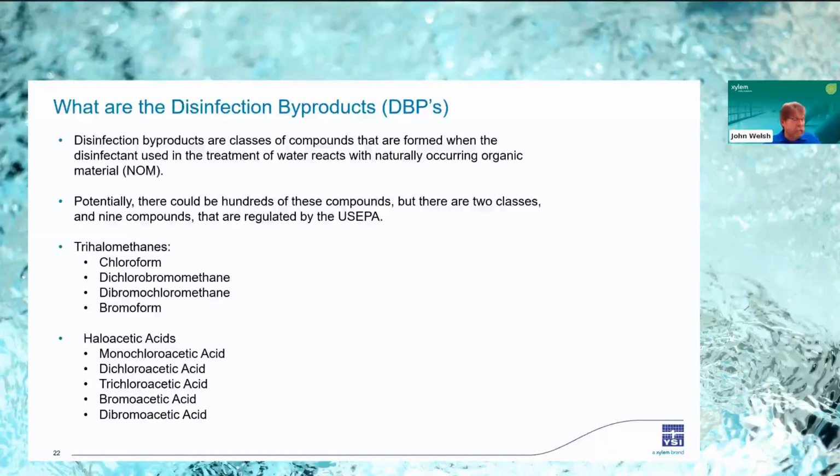So you might ask, well, we're talking about chlorine. Where does bromine come into this equation? The chlorinated compounds are a direct result of the reaction of chlorine with the organic carbon in the water. The brominated compounds are formed if there's any quantity of bromide in the water.